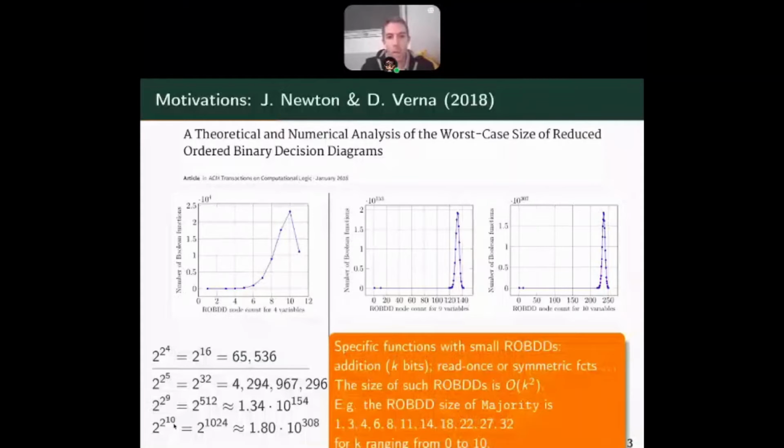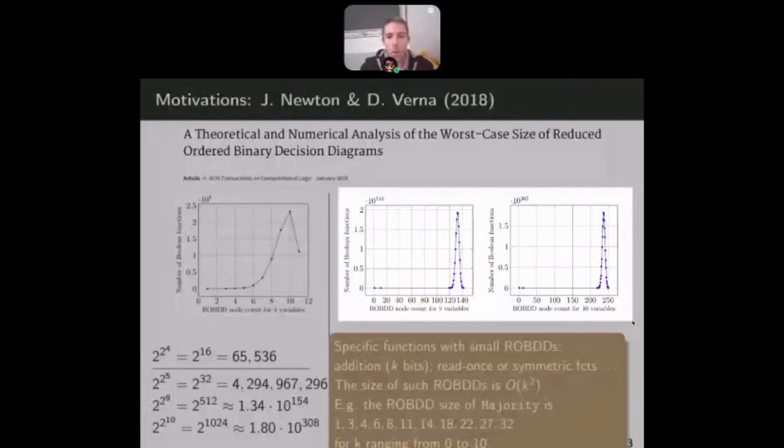And for example, here you get the two plots they obtained for functions with 9 variables and with 10 variables. Each time you see a point, it means that they were able to obtain at least one ROBDD.